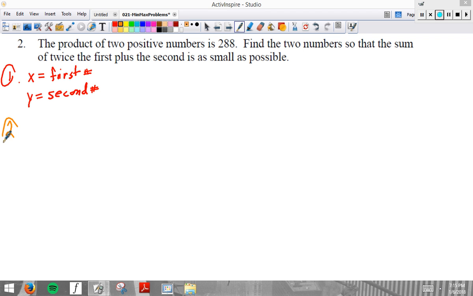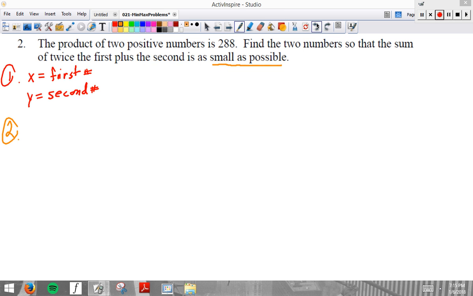Step 2 is to look for our primary equation. So what do we want to maximize or minimize? Well, it doesn't use the words maximize or minimize, but it does say the synonymous phrase, small as possible. Now, usually students are short-sighted and they only say, oh, the second is as small as possible, so all I want to do is minimize the second number.